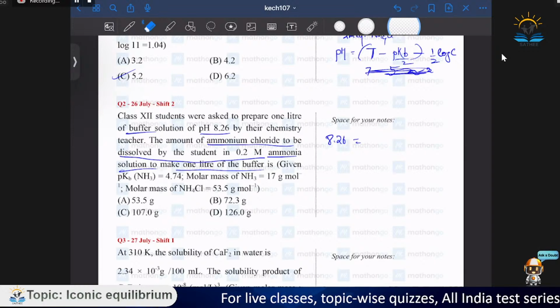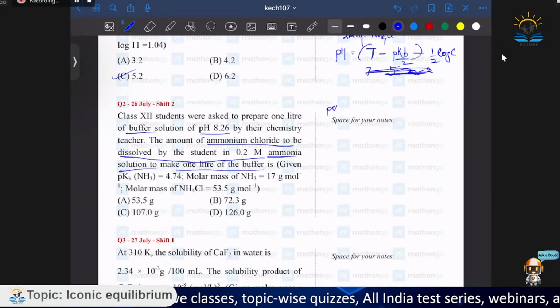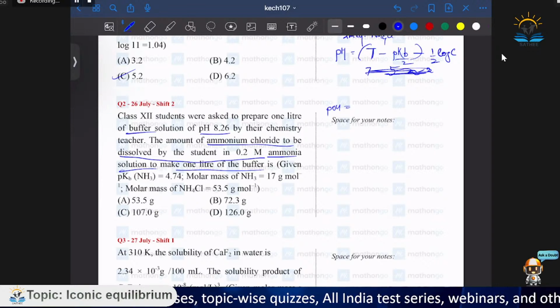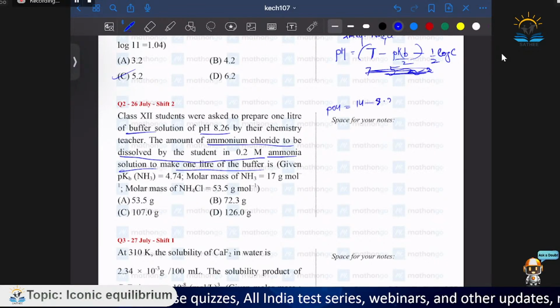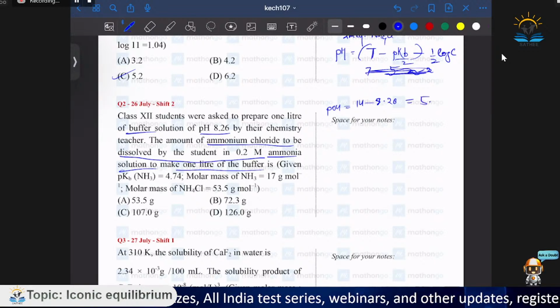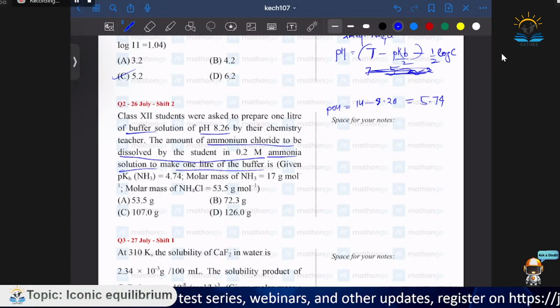So we'll reverse and find out the pOH. How much is pOH here? 14 minus 8.26, that is 5.74, right?